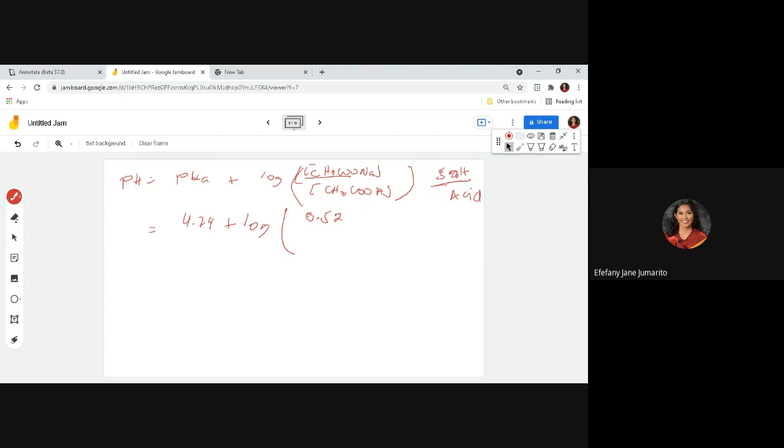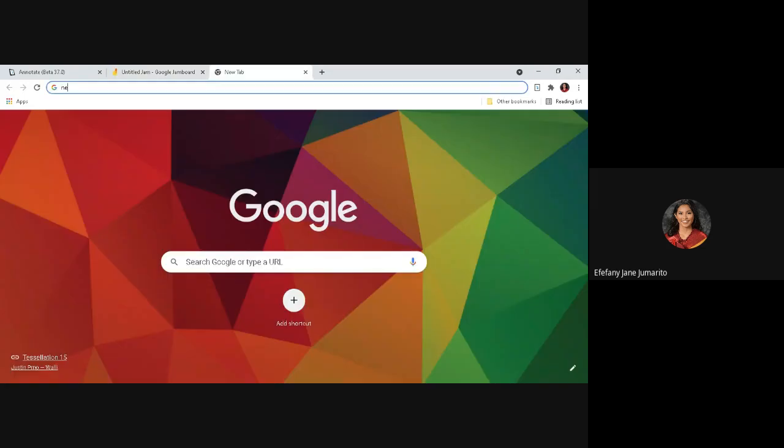They are the same, class. Some just use salt, others use conjugate base over conjugate acid. They use salt because of the Na. That's a salt. Okay, we have 0.52, then we have CH3COOH.